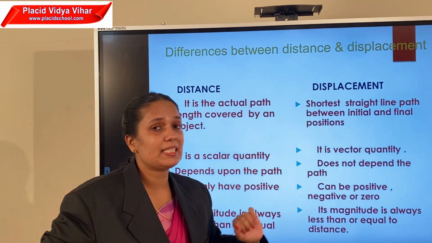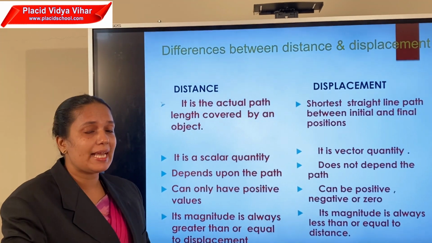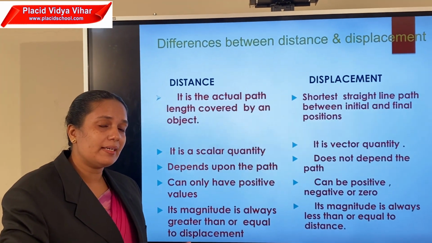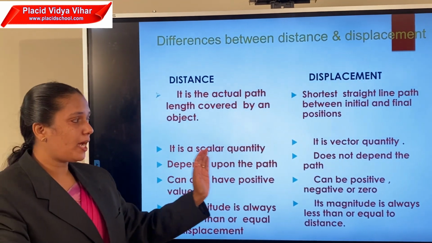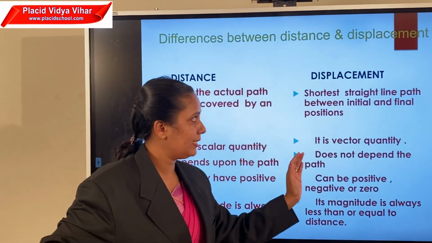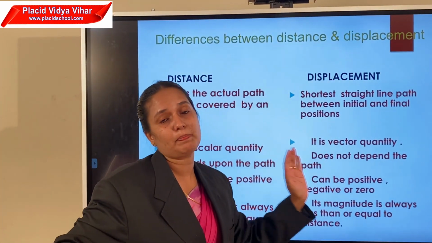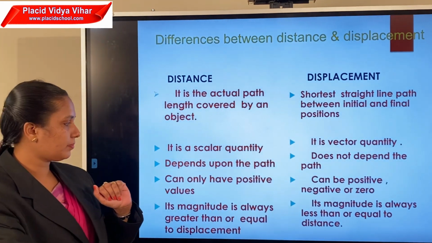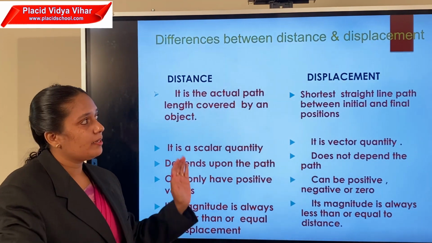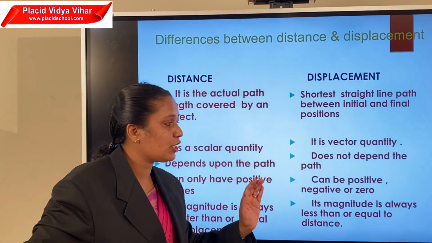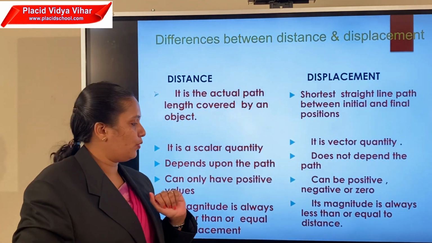Displacement is a vector quantity because it has both magnitude and direction. Distance depends upon the path of an object, but displacement does not depend on the path of an object. Distance can only have positive values, but displacement can be positive, negative or 0.